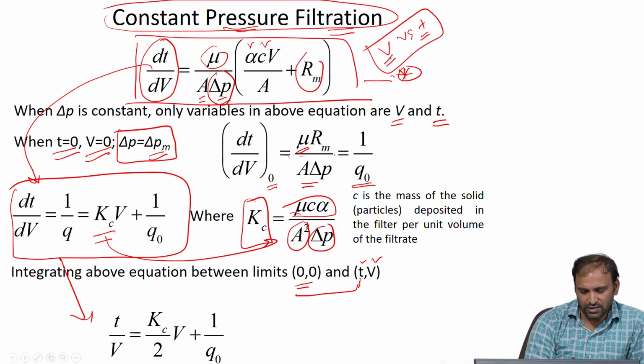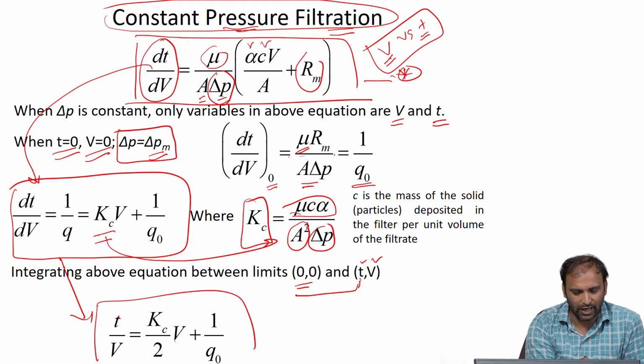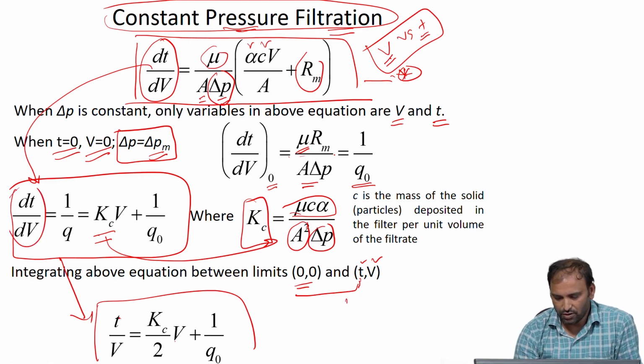Okay, therefore this expression essentially becomes t over V is equal to Kc by 2 times V plus 1 over Q0, right? So what I've essentially done is your dt goes as Kc into V into dV plus 1 over Q0 into dV, right?